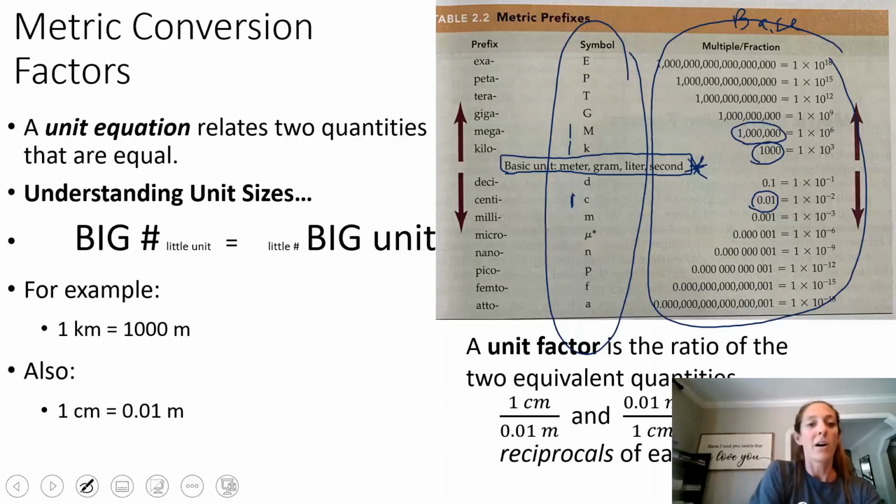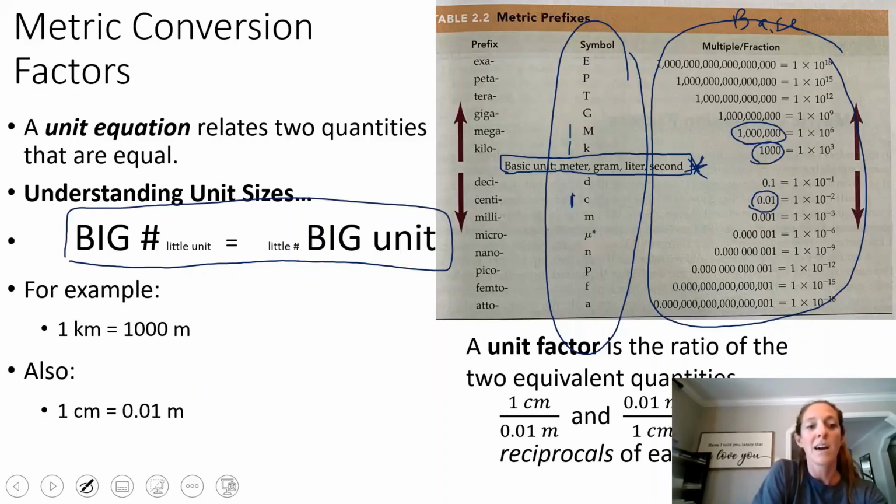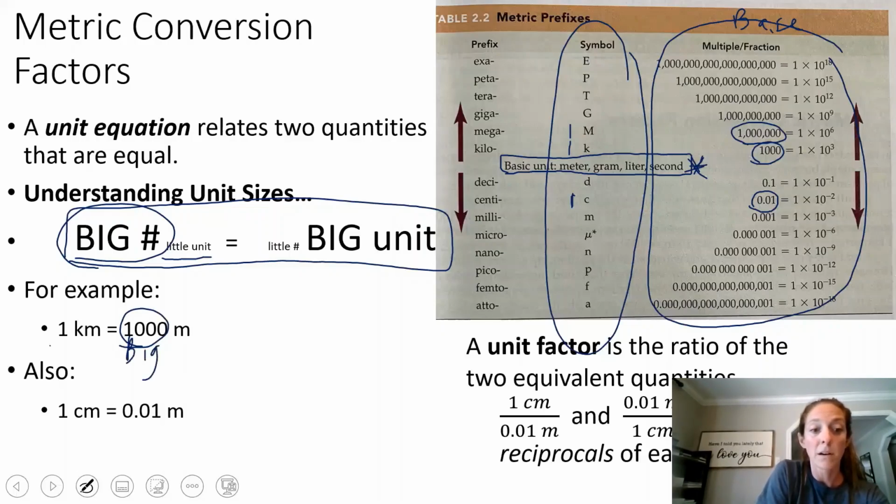Now, let's look at unit sizes. I really like this explanation. If I have a big number, then that means that my unit is little. For example, if I'm looking at 1 kilometer is equal to 1,000 meters down here, which one is my bigger number, 1 or 1,000? Definitely 1,000. So I have a big number, but I have a small unit.